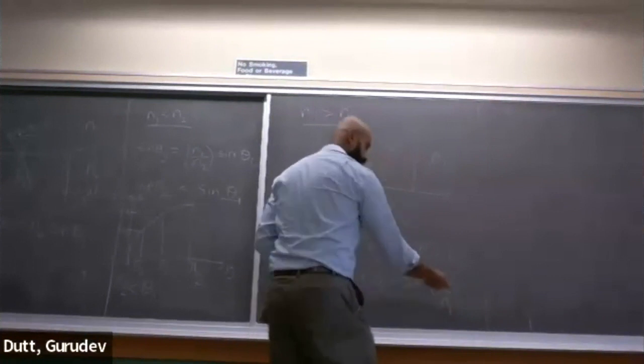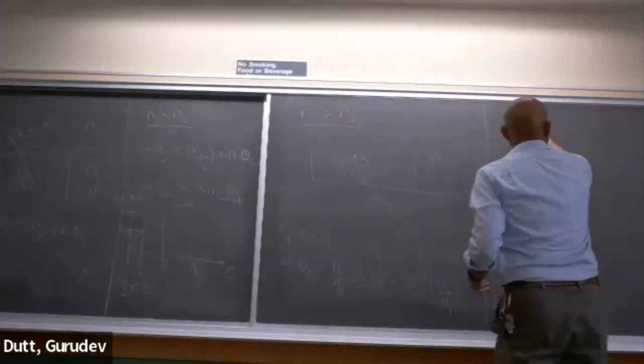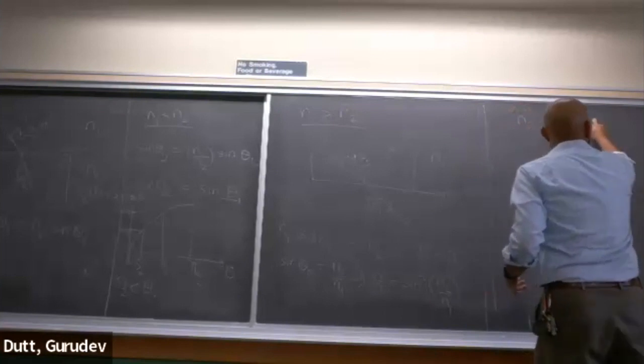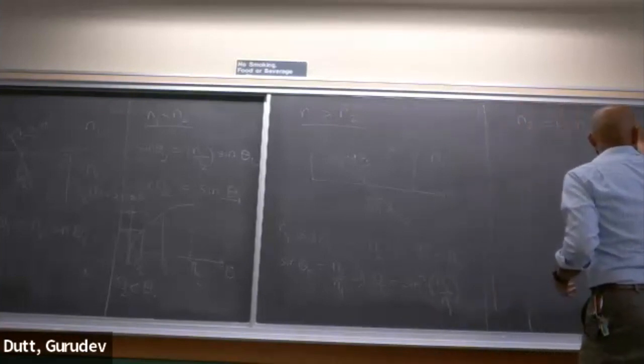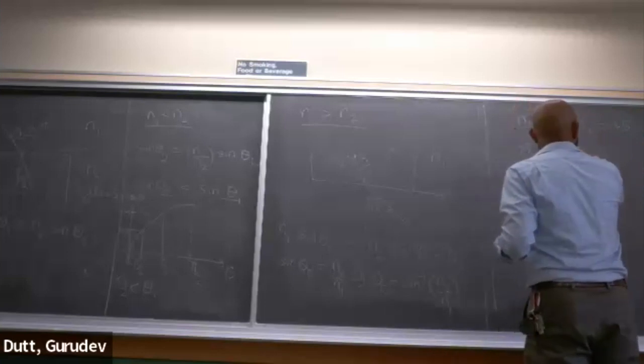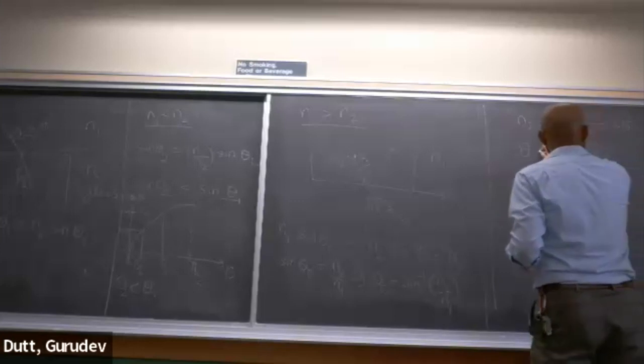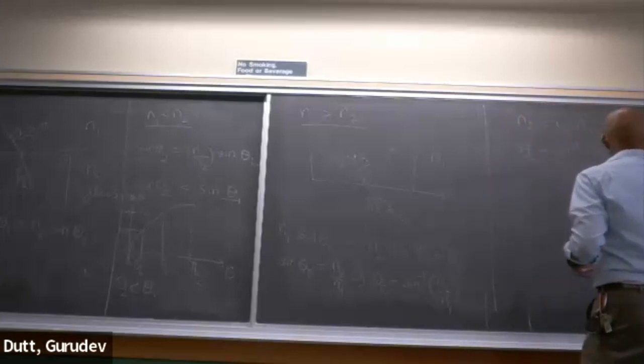Now for air and glass, n2 is equal to 1, n1 is equal to 1.5 approximately for glass. Theta c is equal to the sine inverse of 2/3, approximately. And this is approximately 42 degrees.